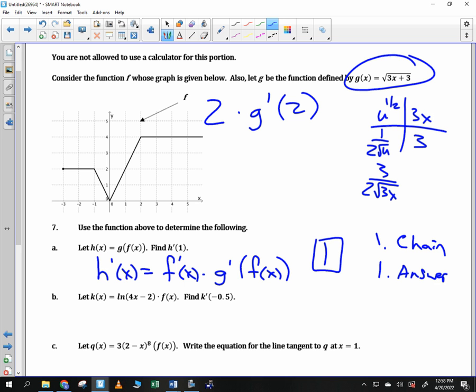So then if I plug in, oh, 3x plus 3, excuse me. All right, what do I plug in for x? I plug in 2. What's 3 times 2? 6 plus 3, square root. Just cancel, I get a half. 2 times a half is 1.